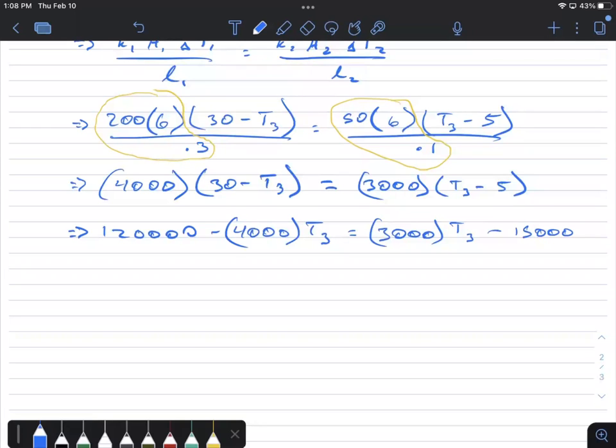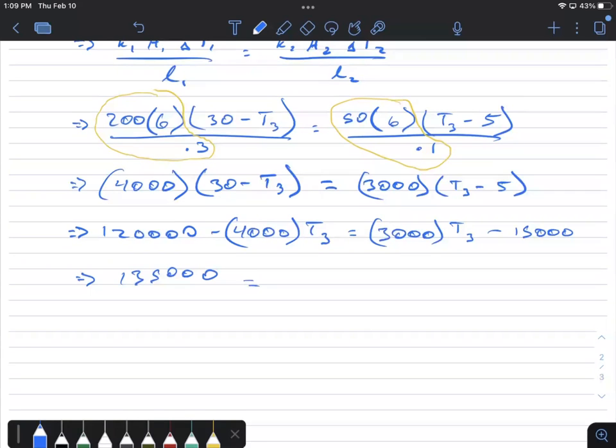Next step, of course, collect all the terms with T3 on one side, all the terms without T3 on the other side. So I'm going to move the 15,000 over to the left. So 12,000 plus 15,000 gives me 135,000 on the left.